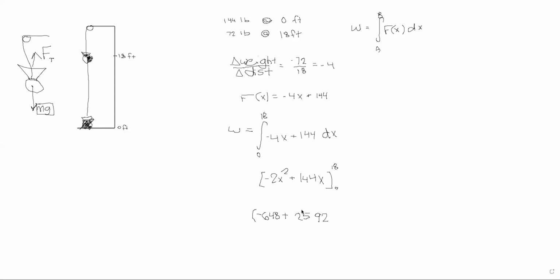And that is f of b, f of 18. So f of a is just f of 0, which is just conveniently enough 0, which is really nice. So ultimately, our answer is going to be -648 plus 2,592. So we get 1,944.